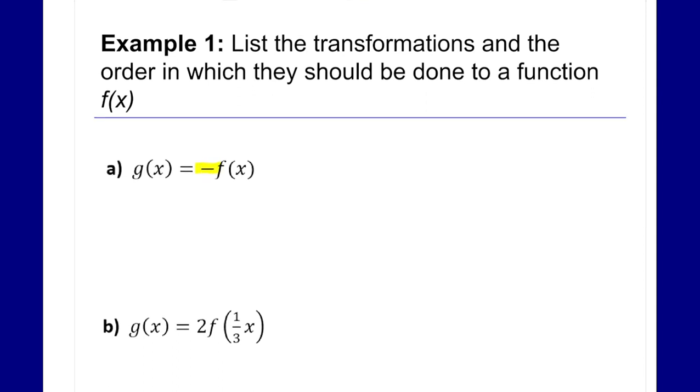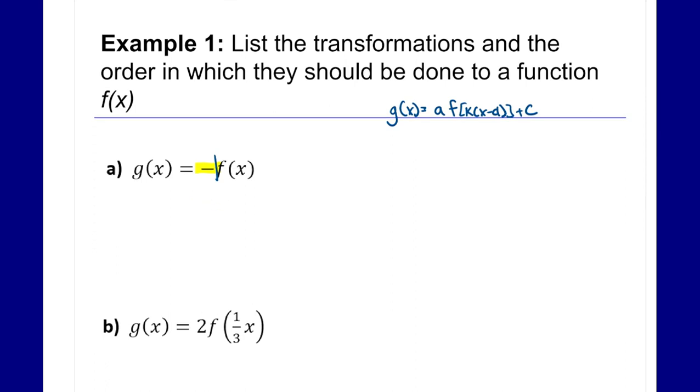This is actually a negative 1. So this tells me that there's a negative 1 in front, and if I have my general form, g of x is equal to a f of k(x minus d) plus c, this is the a value, so a is equal to negative 1.